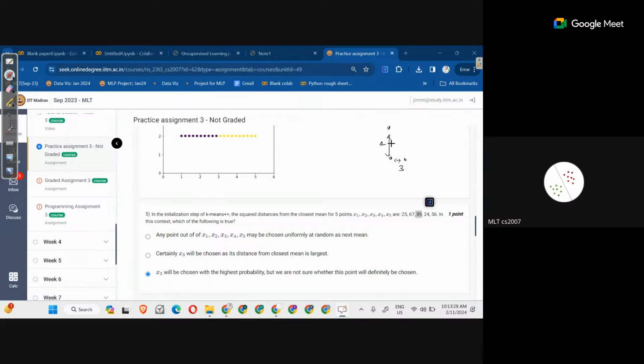So based on distance, 4 and 3, the possibility of selecting this point as a centroid is 4/7, and for this point it is 3/7. So like this, you will assign a probability to each data point, and based on that probability, you will select them.